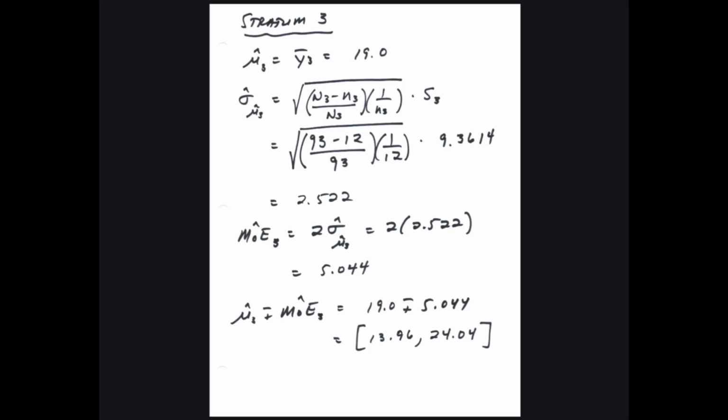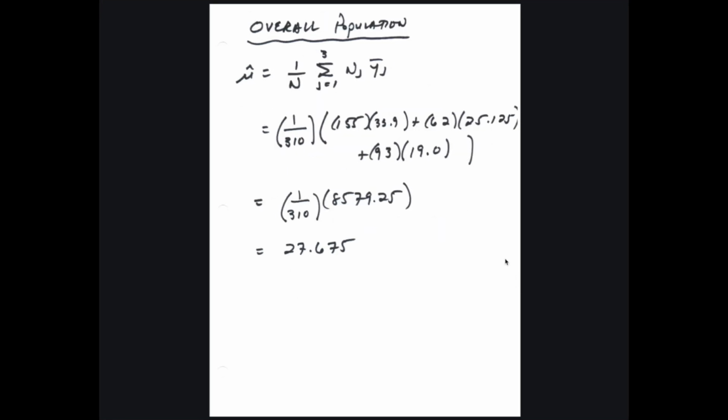Next, we need to estimate the overall population mean, the overall average number of hours spent per week watching television across all households in this county. We compute this estimate, mu hat, according to this formula.